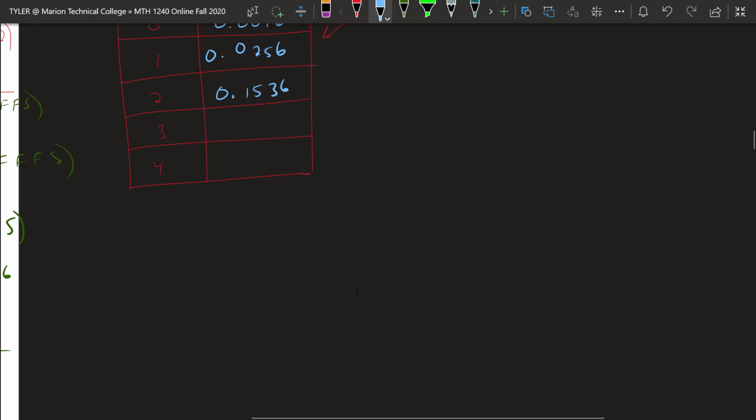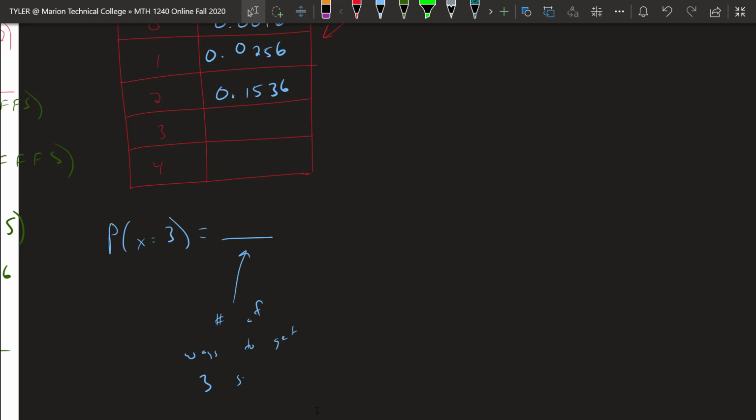Right, so then the next one we need to do is what's the probability of x equaling 3. So again, we're going to fill this in. I need a number here, which is going to be the number of ways to get 3 successes.